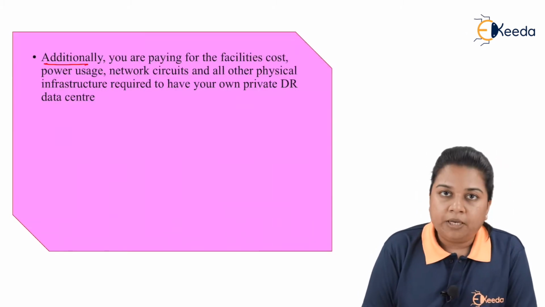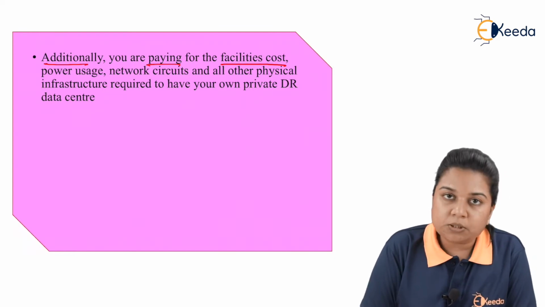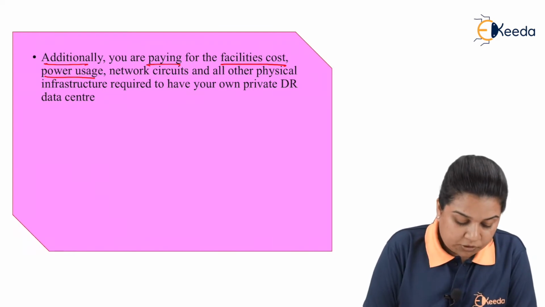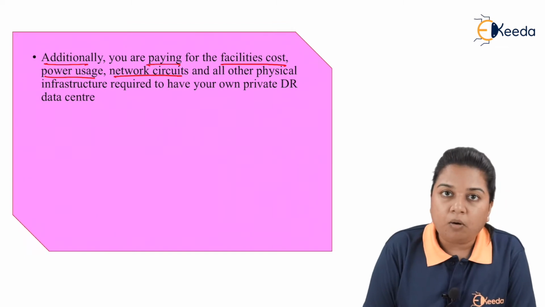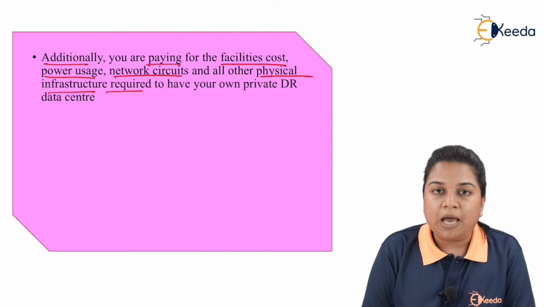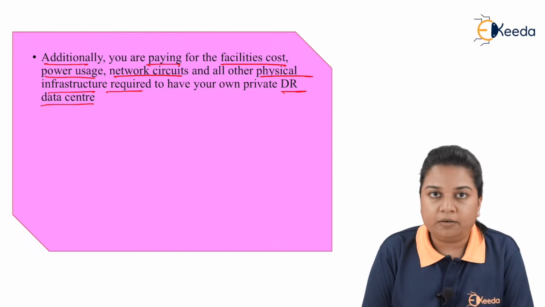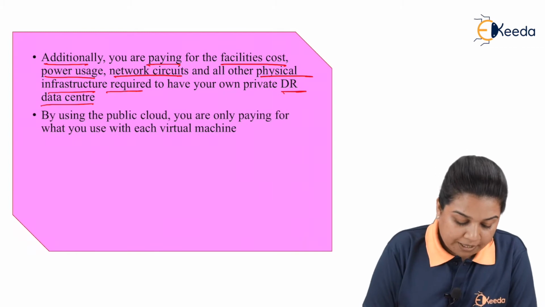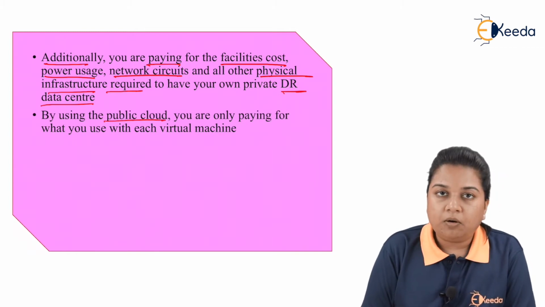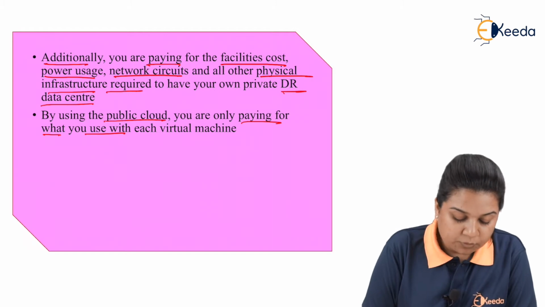Additionally, the organization would be paying for the facilities cost, power usage, network circuits, and all other physical infrastructure required to have their own private disaster recovery data center. By using the public cloud, organizations only pay for what they use with each virtual machine.